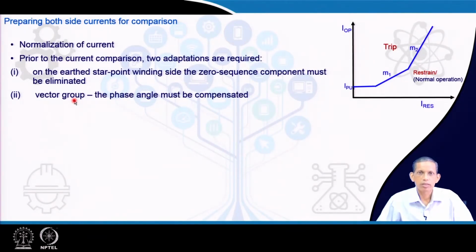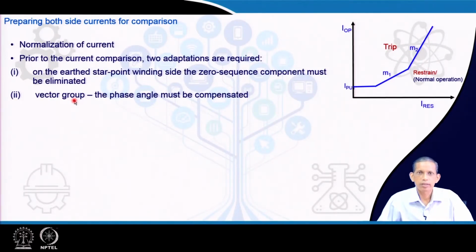In last class we discussed that for different vector group connections of the transformers, there is a phase shift angle between the high voltage side and the low voltage side. In that case, we need to process the corresponding current, particularly the low voltage side, so that the phase displacement can be compensated.